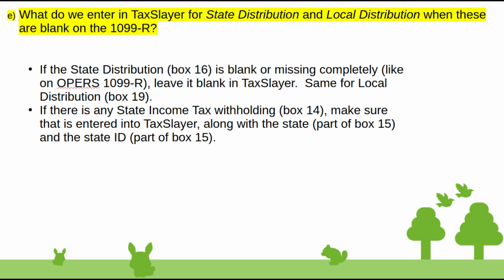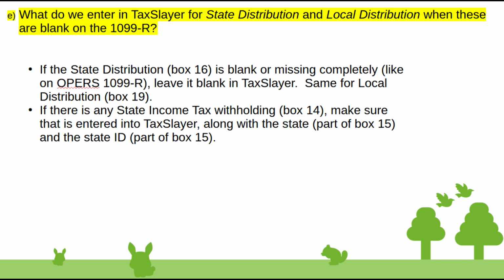You may wonder how we can do that, leave the state distribution blank. Are we going to be missing some taxes for Ohio? Well, the answer is no, because if you think about it, the Ohio tax base starts off using the federal AGI. The federal AGI is based off what gets entered in box 2A on the 1099-R. So this really doesn't have any effect on the tax calculations.